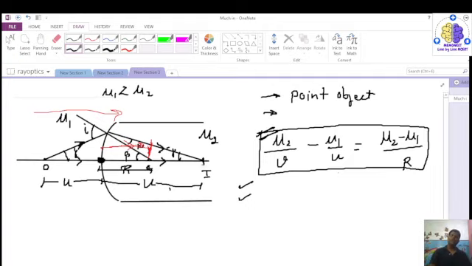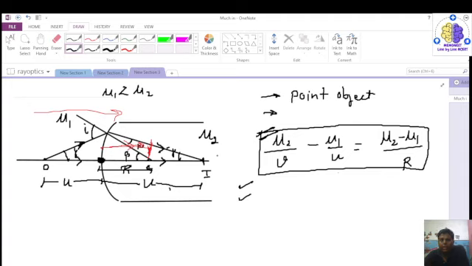Third, the values of u, v and R have to be put with sign convention. Whenever we are measuring any distance and we are moving in the direction of incident ray, the distance will be taken as positive, and if you are moving in the direction opposite the incident ray, the distance will be taken as negative, right? So using sign convention we can do this, right?